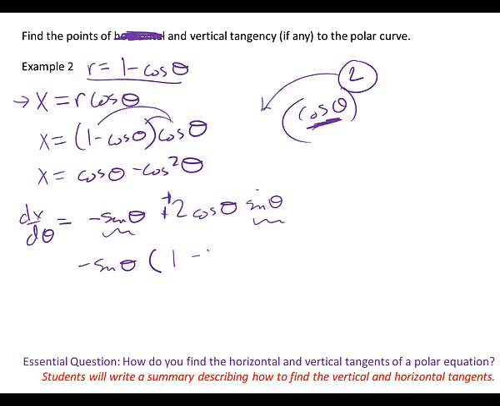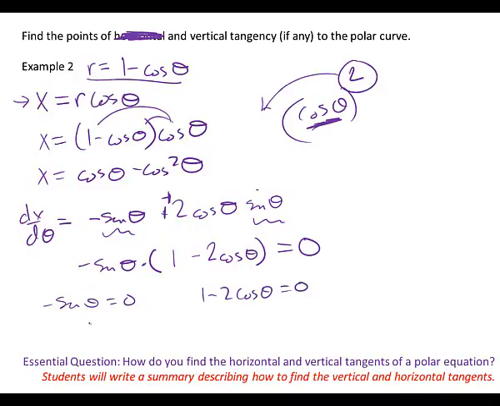Okay, so 1 minus 2 cosine theta. Now we're going to set that equal to 0 to get our points of vertical tangency. Remember the zero product property says I split those both up and set them equal to 0. Sine theta, and 1 minus 2 cosine theta equals 0.